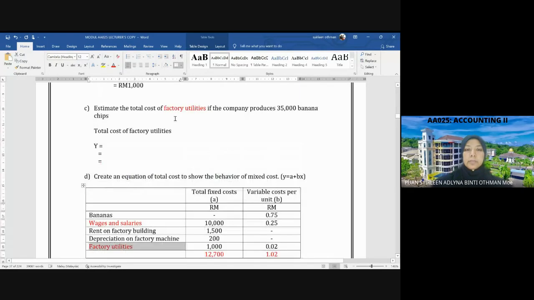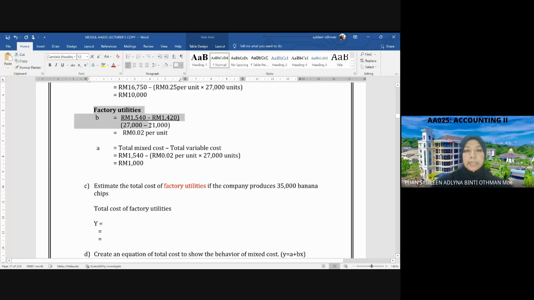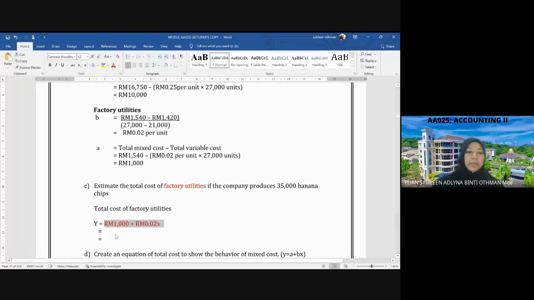Okay, so kalau factory utilities, that means I akan guna nilai yang saya dapat dekat sini untuk form the equation. So I am going to use A as RM1,000 and B as 2 cents. Okay, so my cost equation hanya untuk factory utilities saja will be RM1,000 plus 2 cents multiplied by X.